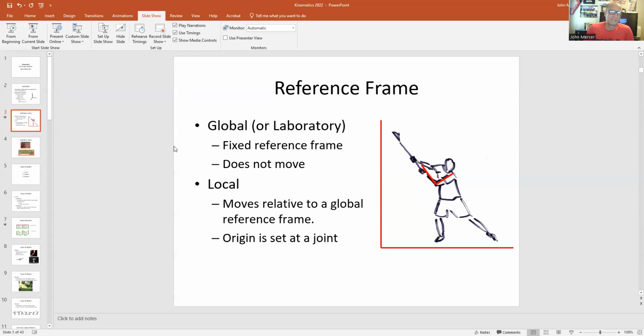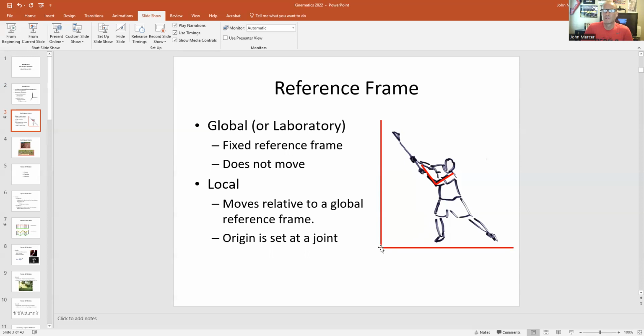What this means is that the origin, or where the axes intersect, is located within the room. So going back to my seat map, the origin of the seat map would be row 1, seat 1. Okay, that's fixed in space. That is a laboratory or global reference frame. It's not moving, for the sake of our discussion and the way that we're quantifying movement.